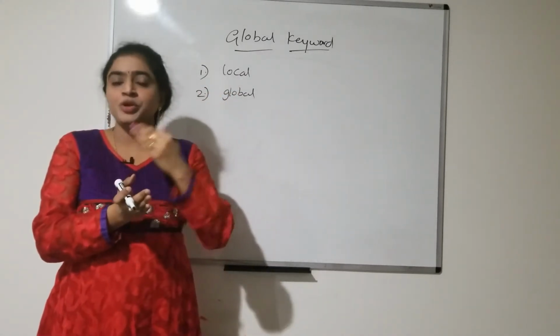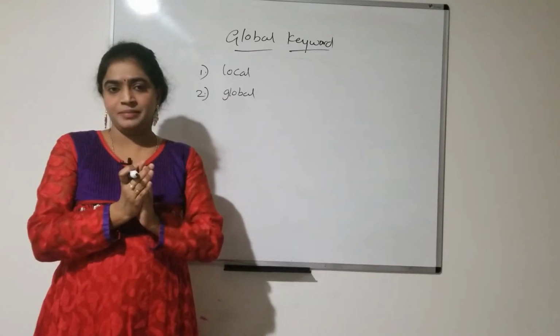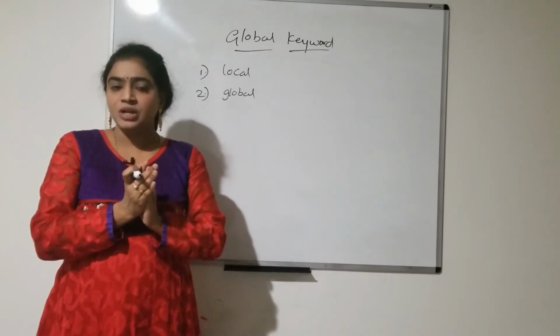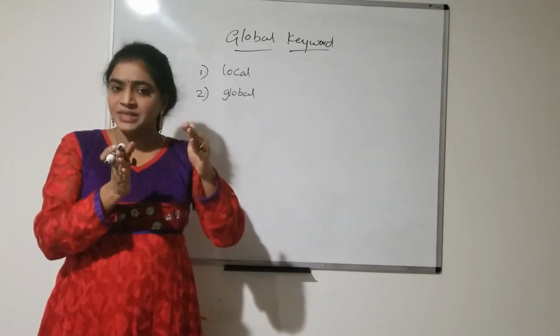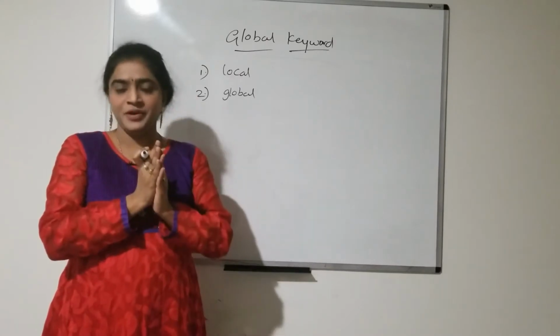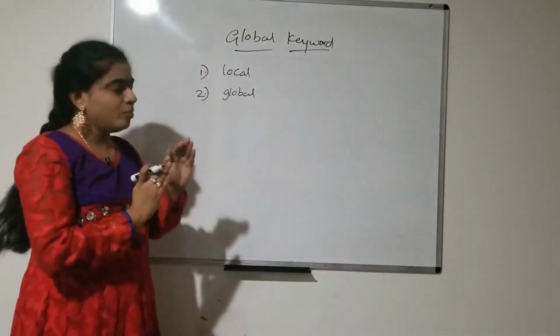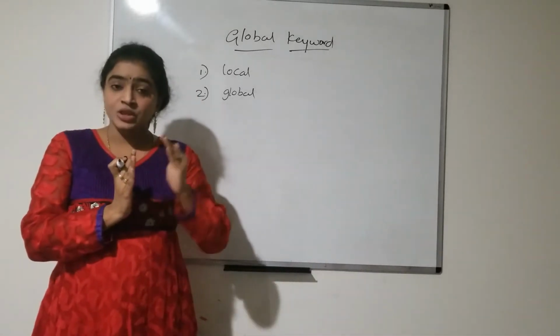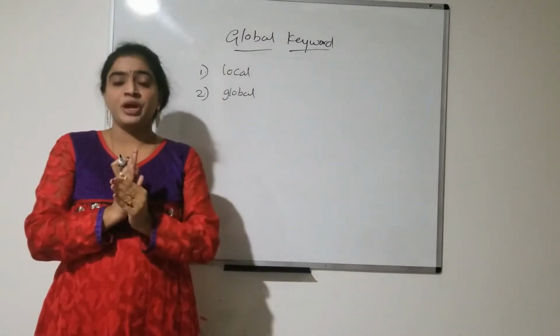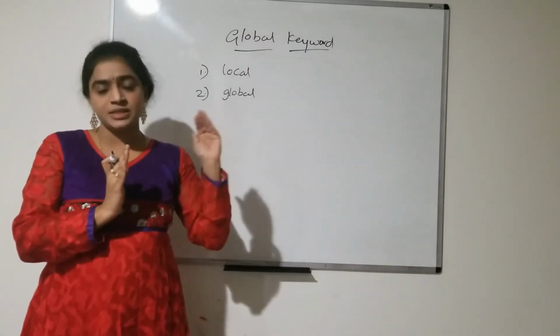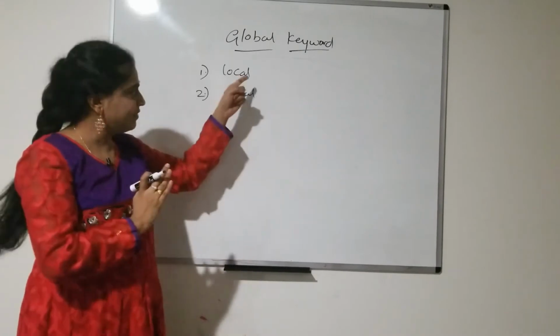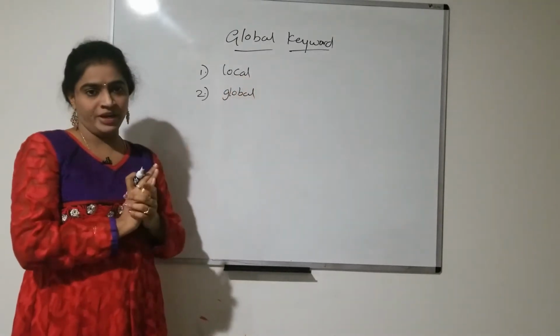Outside the function you cannot access them, because the scope of local variables is confined to that function only. Global variables you can access throughout the program, in all the functions. That is the difference between local and global variables.